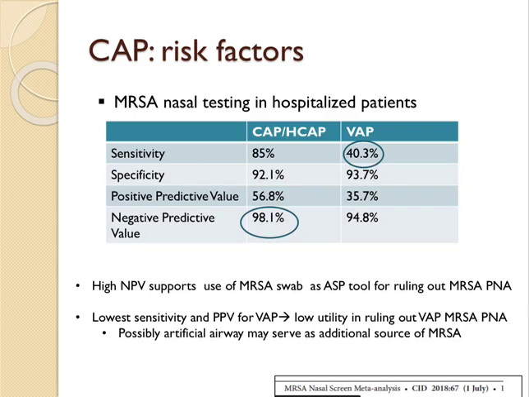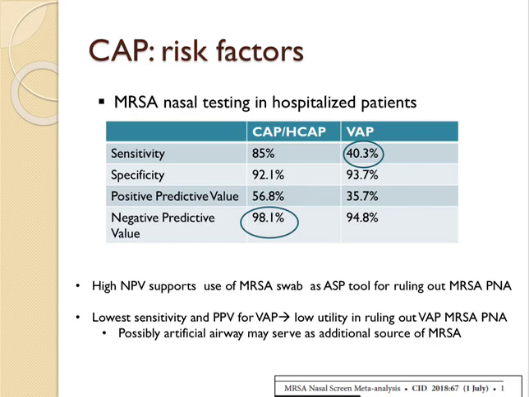As you can see in this table, where I listed sensitivity, specificity, PPV, and negative predictive value for various subsets, the negative predictive value for community-acquired pneumonia and formerly HCAP is actually very high. It's 98.1%. So basically, if you have a negative MRSA screen, the chance of your patient having MRSA pneumonia is relatively low.